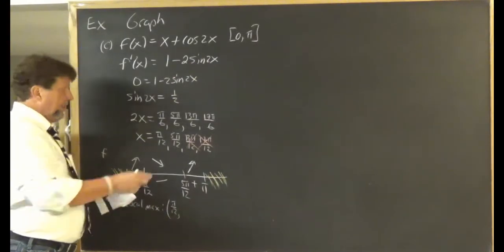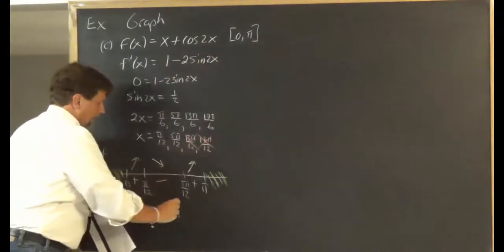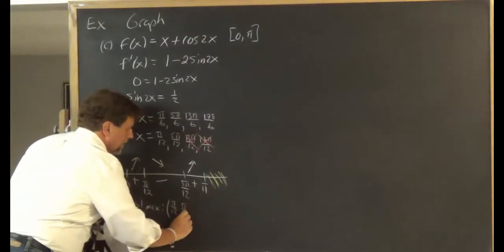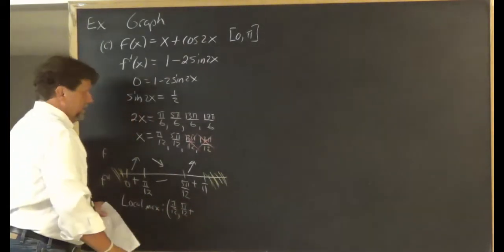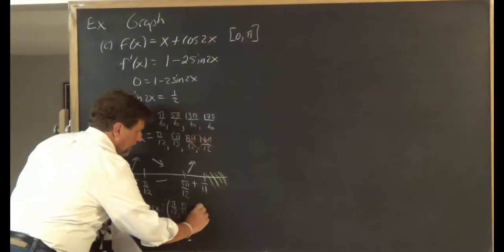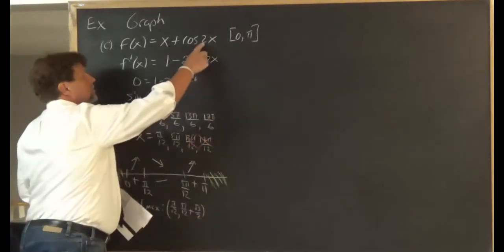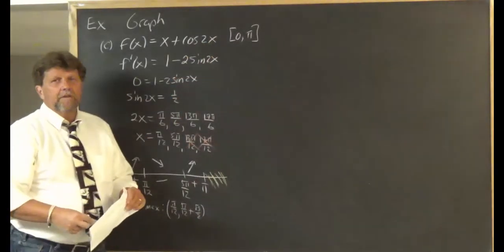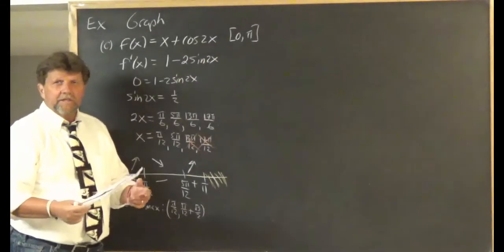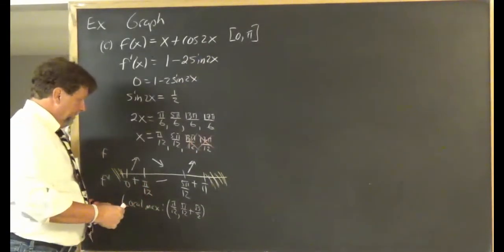When I put pi over 12 back in for x, I get the y coordinate to be pi over 12 plus square root 3 over 2, because 2 times pi over 12 is pi over 6, and cosine of pi over 6 is square root 3 over 2.